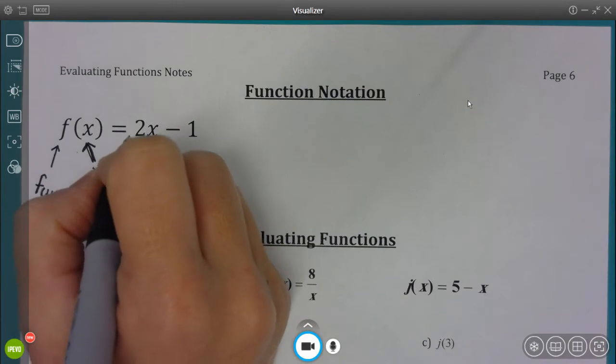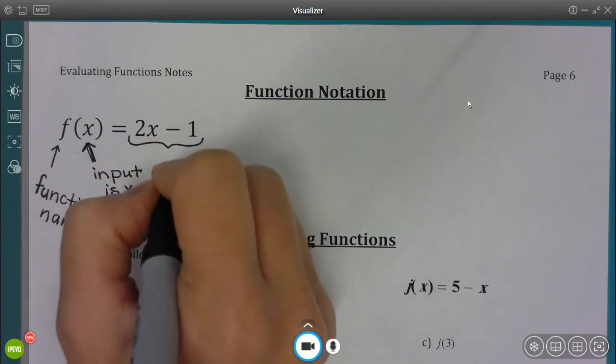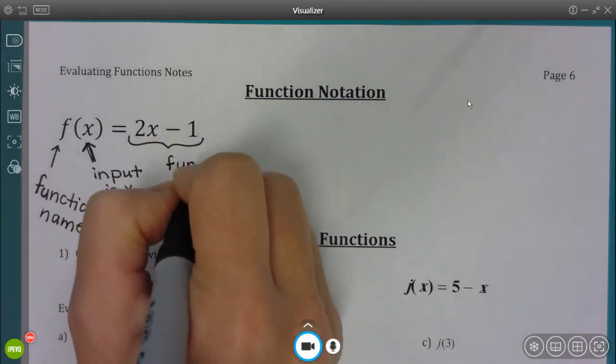And then this piece right here tells us what our actual function is doing.